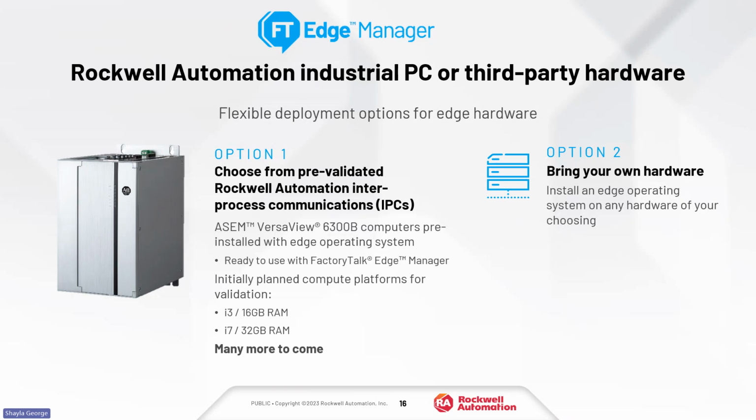Additionally, you can also use your own edge device, a third-party piece of edge hardware. We can validate it to be compatible with FactoryTalk Edge Manager and give you the same functionalities as if you were using a Rockwell edge device.